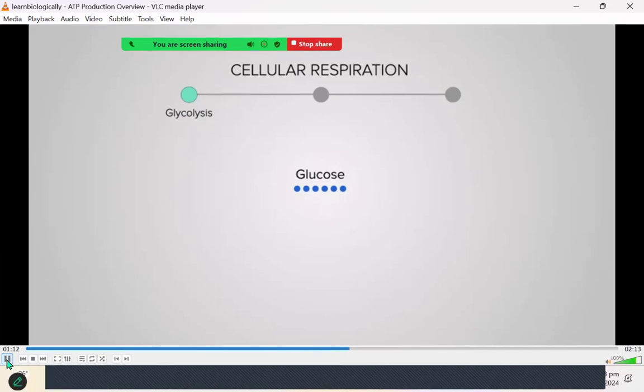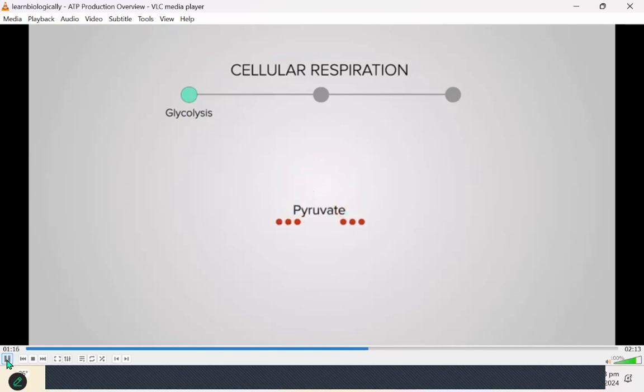Glycolysis takes place in the cytoplasm, where glucose is broken into 2 three-carbon molecules called pyruvate. I hope that's clear. This portion of cellular respiration produces 2 ATP. So in glycolysis, only two ATP are produced.